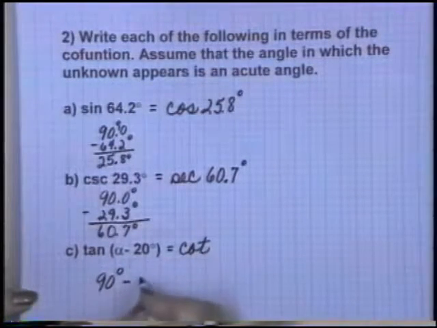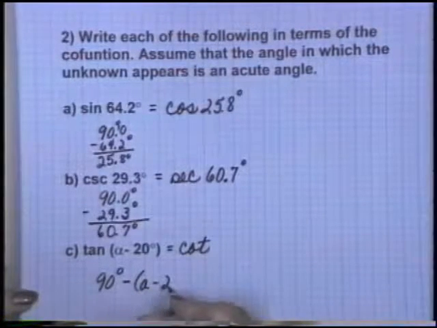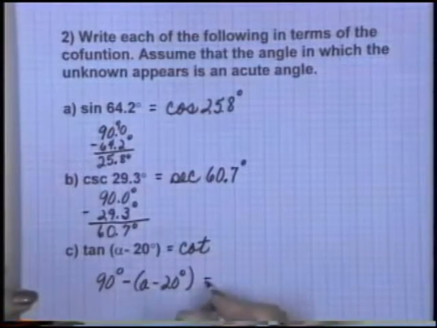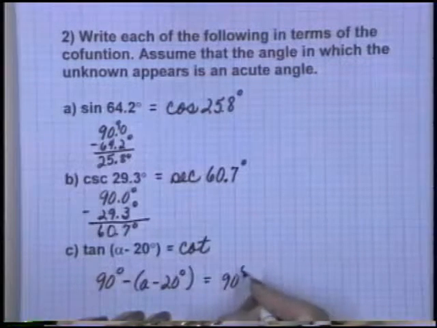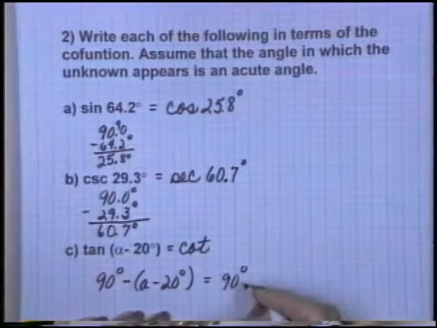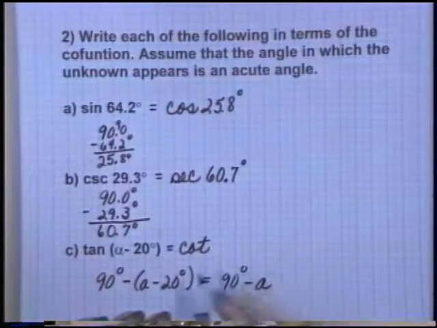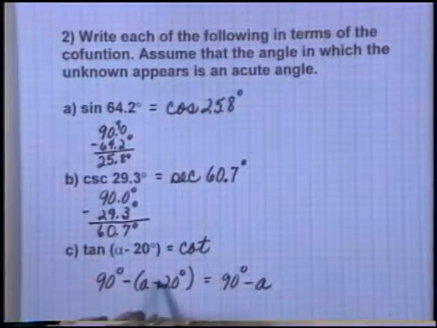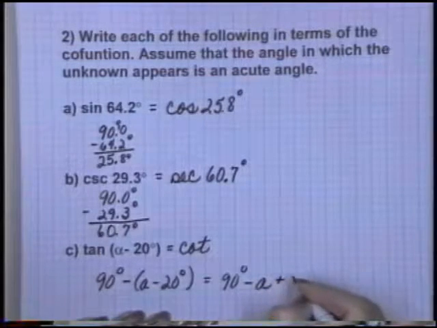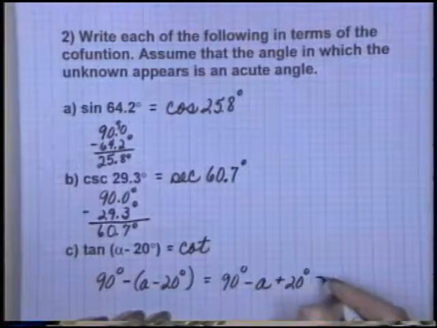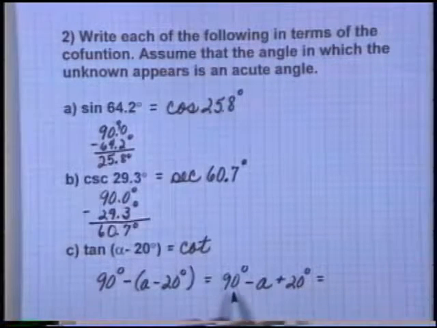We'll say 90 degrees minus our angle, but we're going to write it horizontally. We're going to distribute the negative, so we will have 90 degrees minus alpha, and subtract the negative, or minus a minus would give us plus 20 degrees.